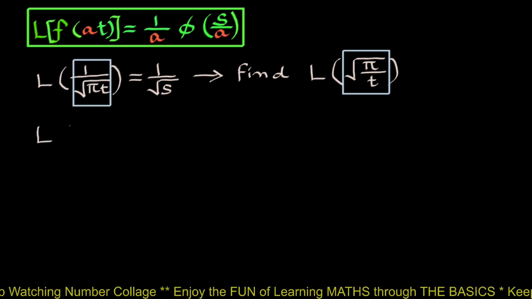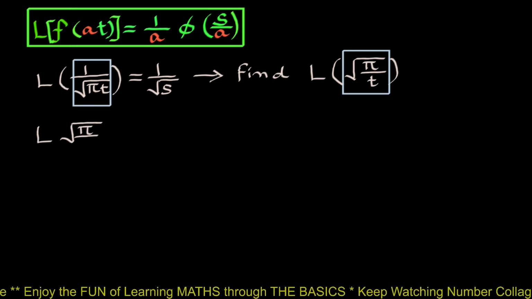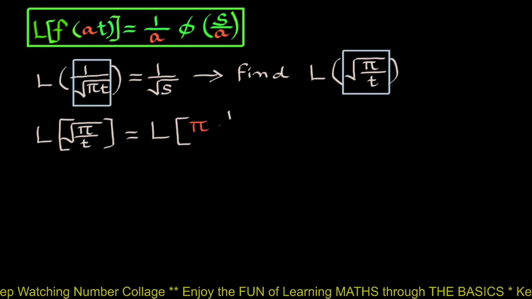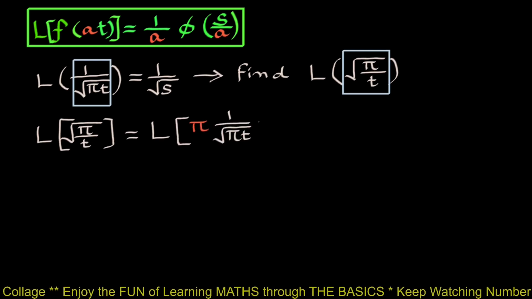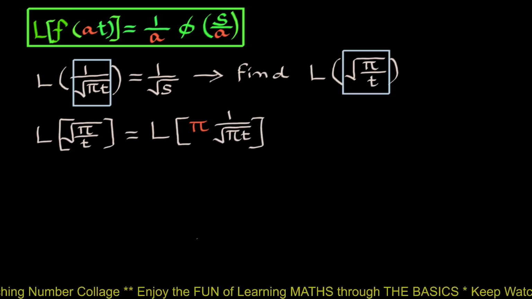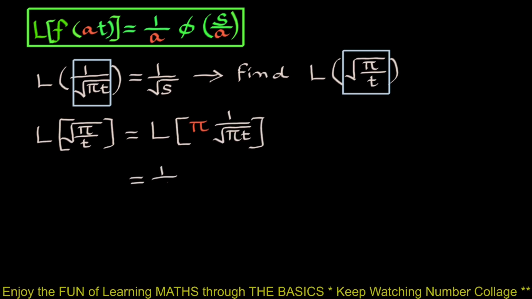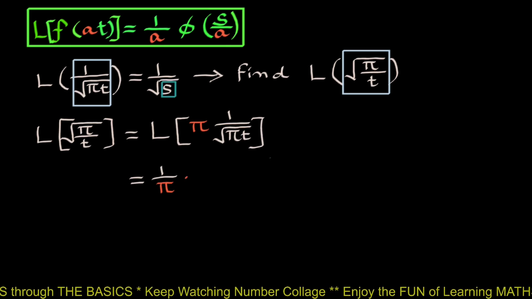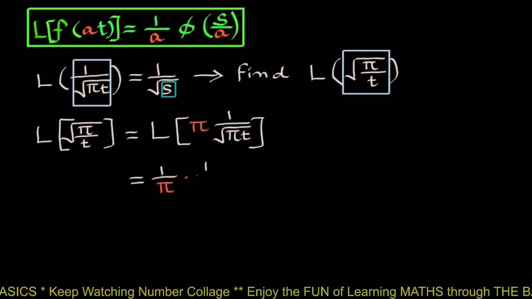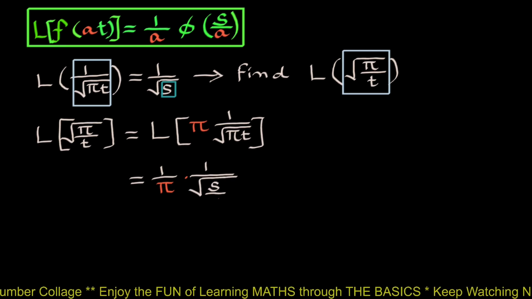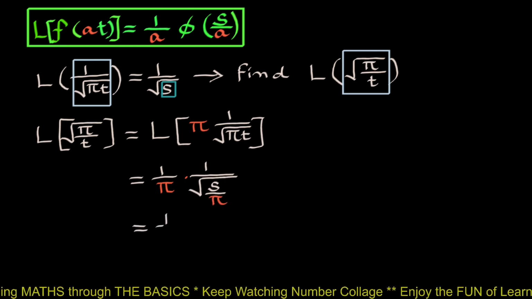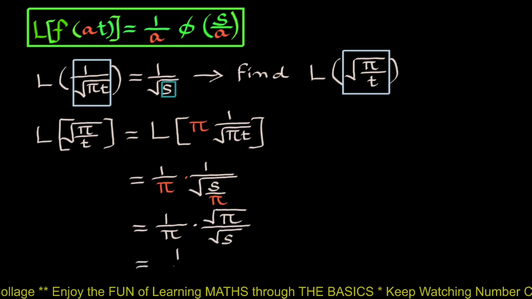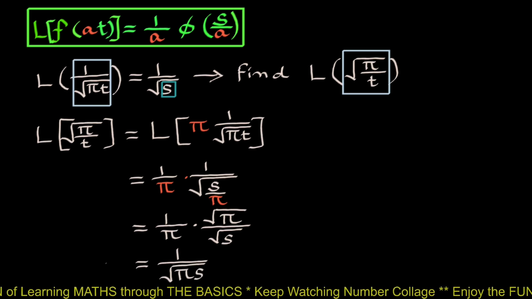So we write Laplace transform of square root of pi upon t equals Laplace transform of pi times 1 upon square root of pi t. According to above change of scale property, we write 1 upon pi into, we will replace s by s upon pi. So this will be 1 upon square root of s upon pi, which is 1 upon pi into square root of pi upon square root of s, which will be 1 upon square root of pi s.